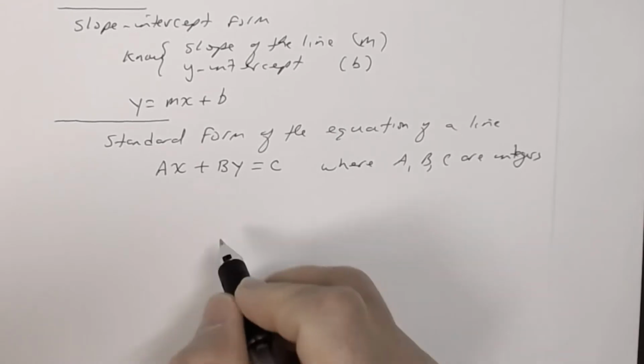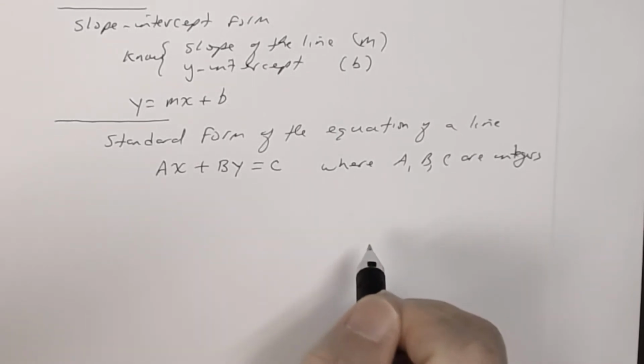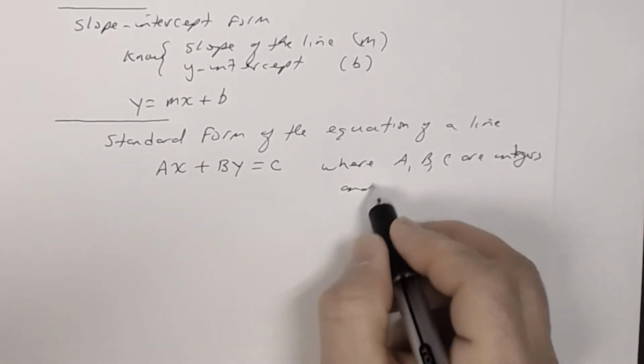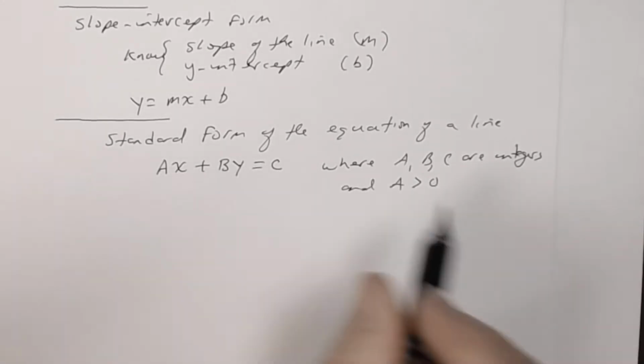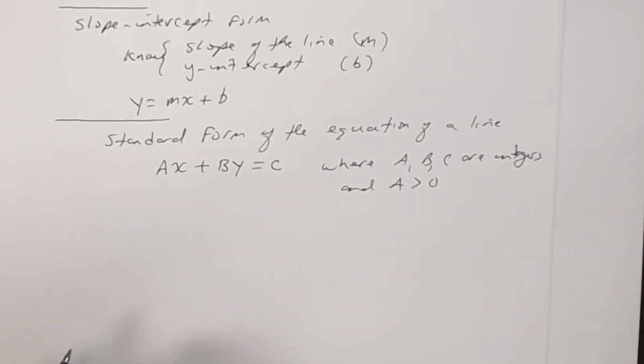So no fractions, no decimals. You want those to be integers. And a must be positive, so the coefficient of x you want to be positive.